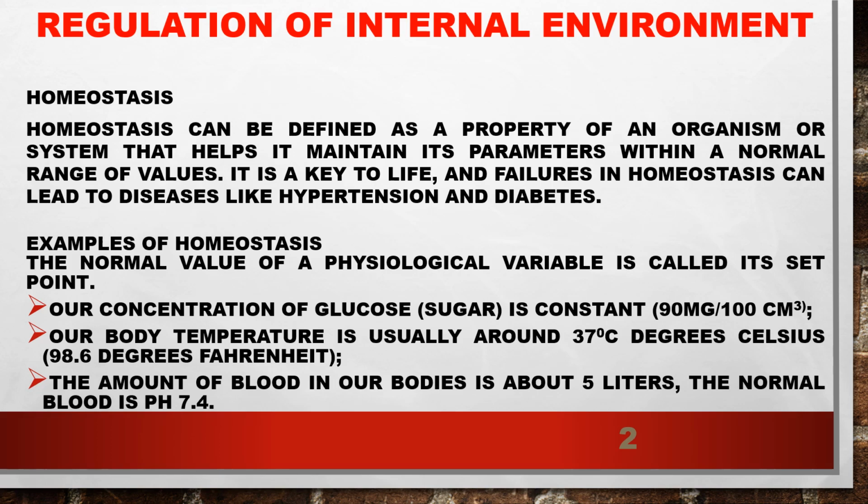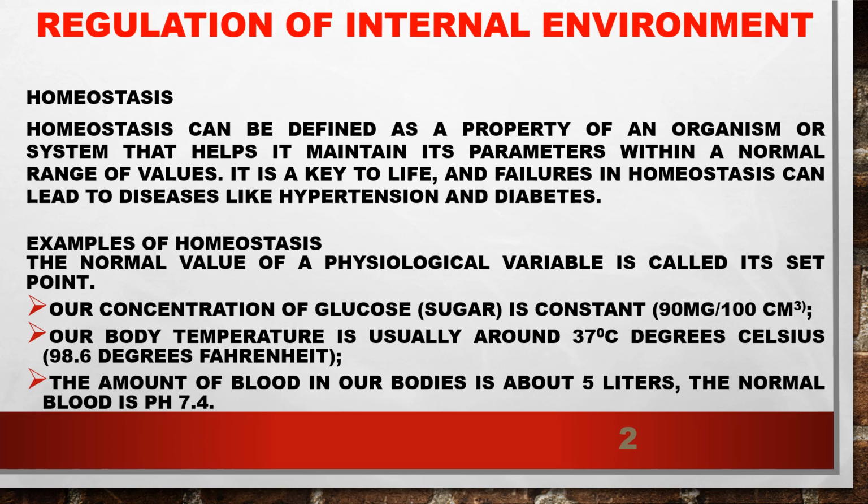If it goes above 90 milligram, let's say 95 milligram or 100 milligram per 100 centimeter cube, a person is said to be having what you call hyperglycemia. That means high level of glucose in the blood. Or if it falls below 90 milligram, let's say 80 or 75 milligram per 100 centimeter cube, here we will see an individual has hypoglycemia. That means blood glucose level falls below normal.